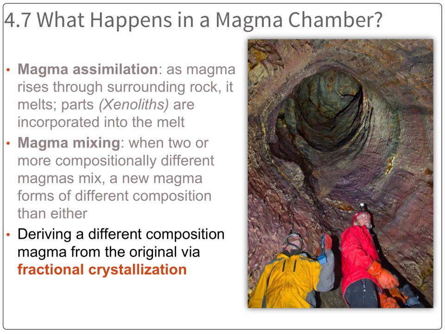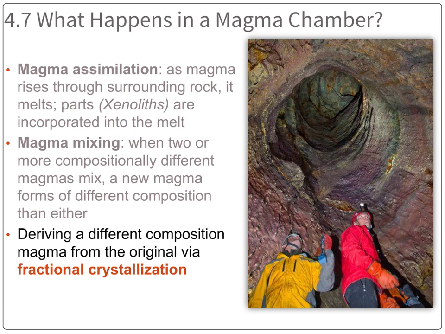So as those temperatures decrease, what's going to start to happen in the magma? Yeah, the minerals that have the higher melting points, and therefore the higher temperatures at which they begin to recrystallize, they're going to start to crystallize out.